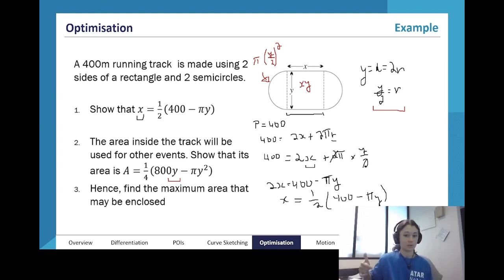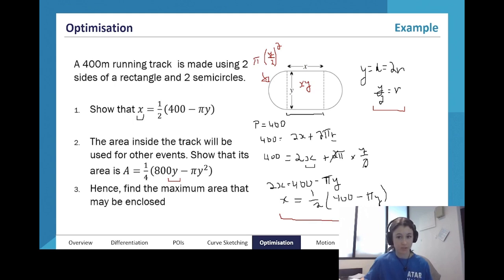So what we need to actually do is substitute a value in for x. If you remember from the last section, we have this lovely little equation of x in terms of y.